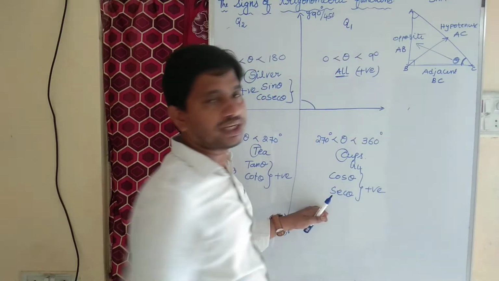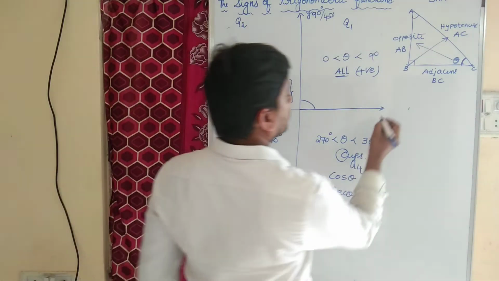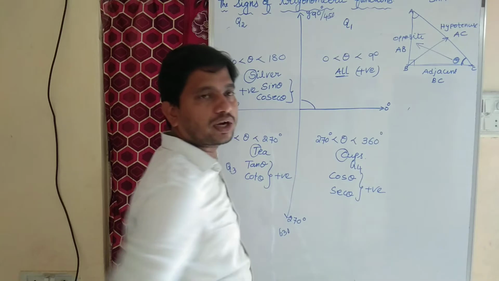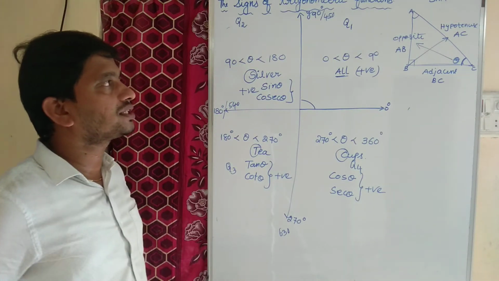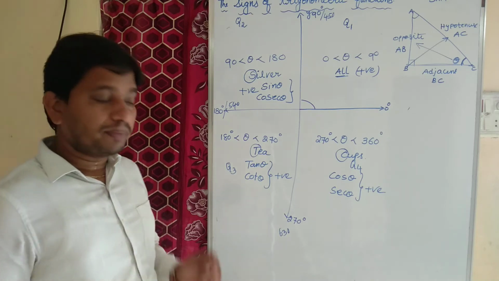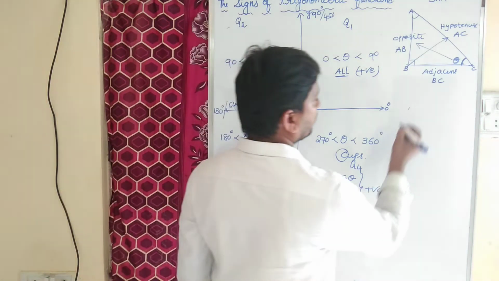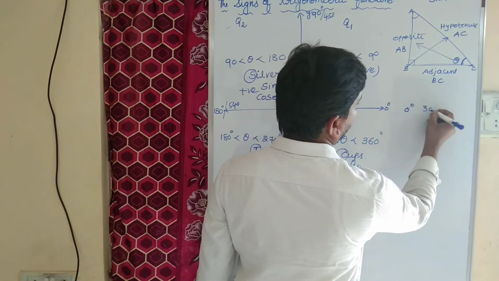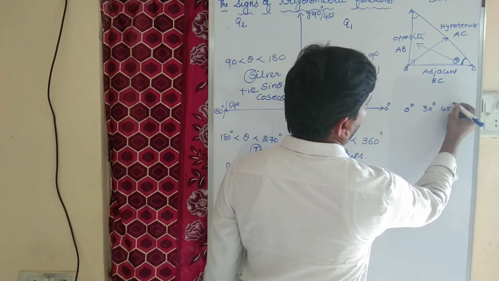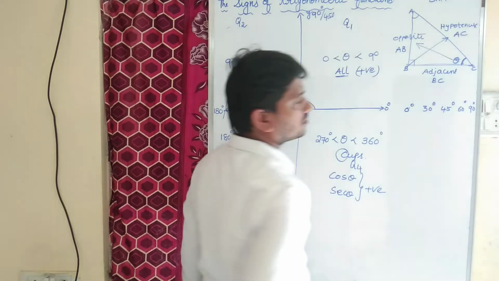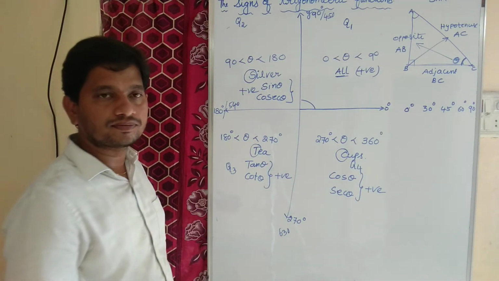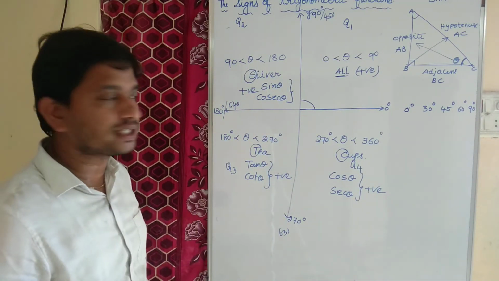It is our convention that if it is anti-clockwise direction, we consider theta as positive. We know the basic trigonometric values at 0 degrees, 30, 45, 60 and 90. These are the basic angles we have discussed in previous classes.